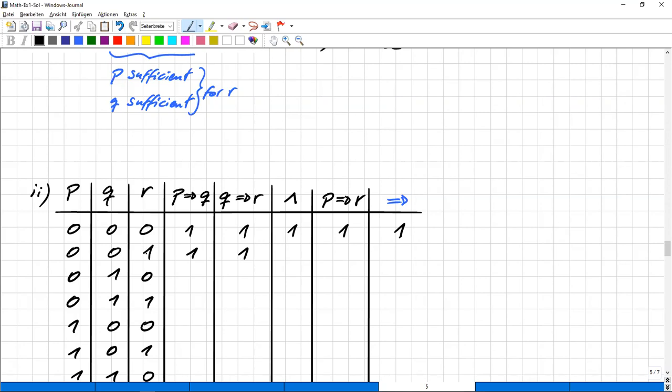Because as we know, the conclusion can be true without the premise being true. There's no strong coupling between these two. It's a weak coupling, you could say, of a special sort. Now, P to R, also true, right? 0, 1. We just have to spot the contradiction case where we have premise true and conclusion false. That's the critical case.